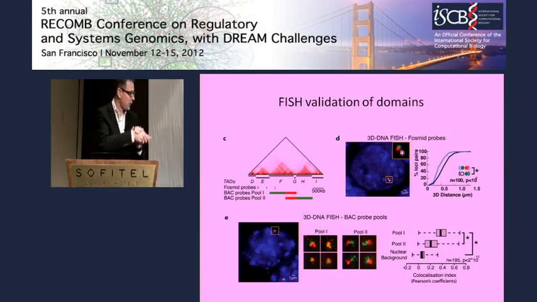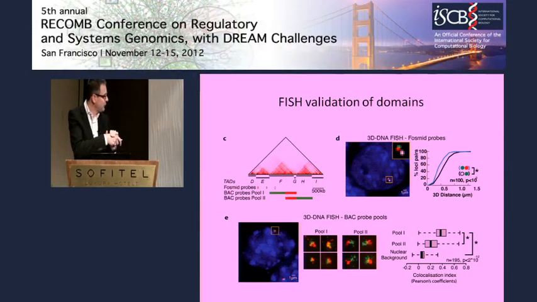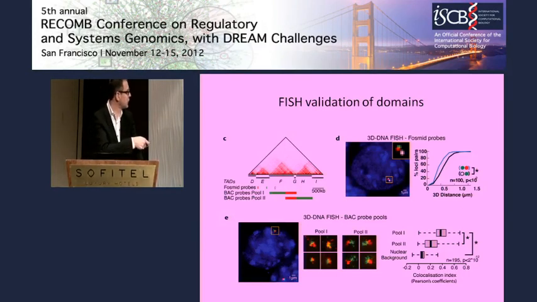They are farther apart in 3D space. If we stain individual domains with different BAC clones, we can see that they're totally separated from each other. They do not mix with each other. Whereas if you take probes that contain a boundary of two domains, you start to see mixing. So the interpretation is, we believe, really correct, that these domains represent little blobs of chromatin that are separated and non-mixing with flanking chromatin.